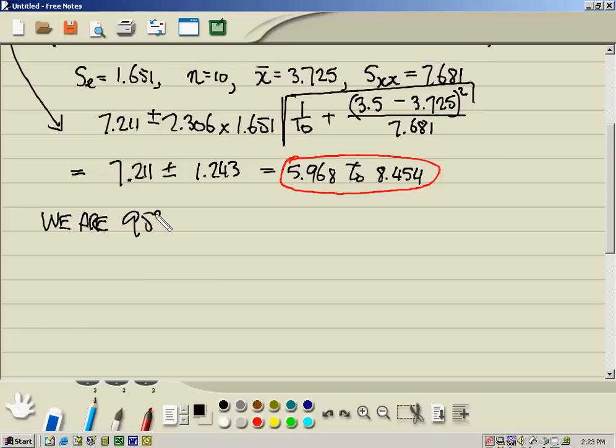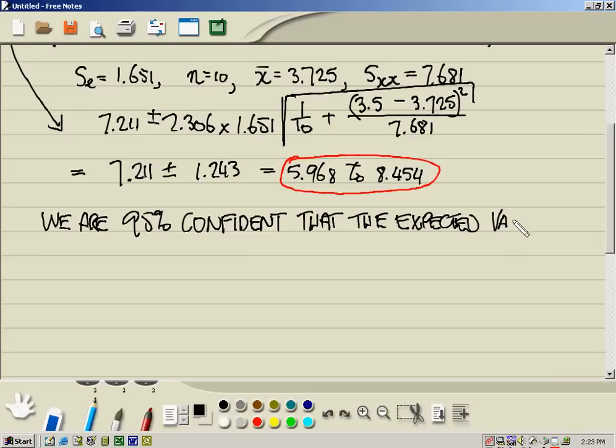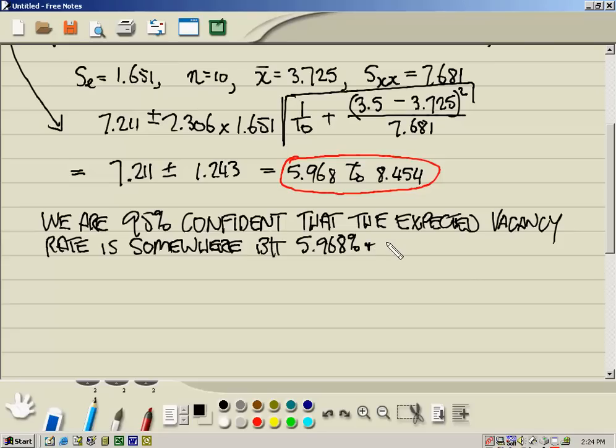We are 95% confident, and we could use that beginning part and the word confidence even for a prediction interval, 95% confident that the expected vacancy rate is somewhere between 5.968 percent and 8.454%.